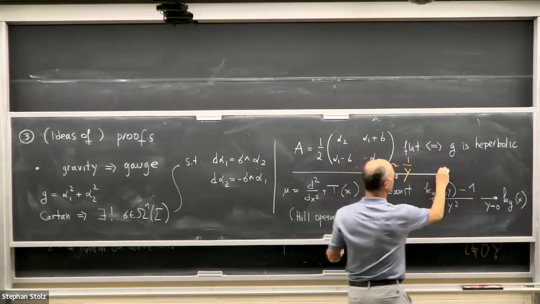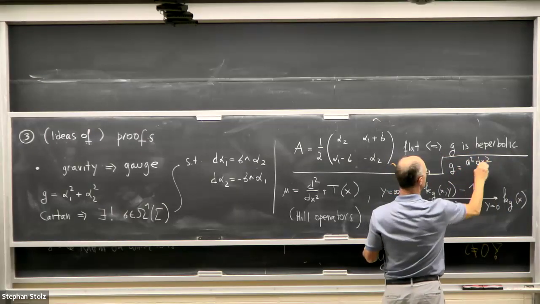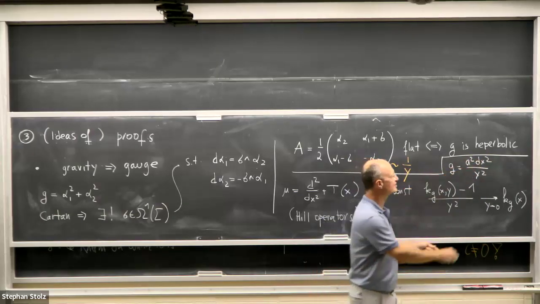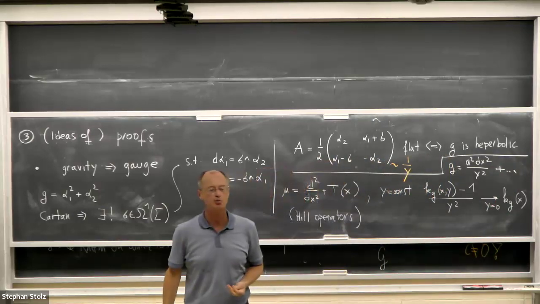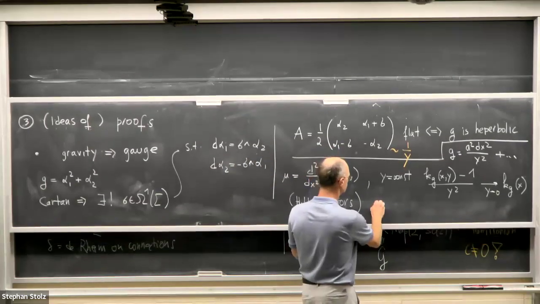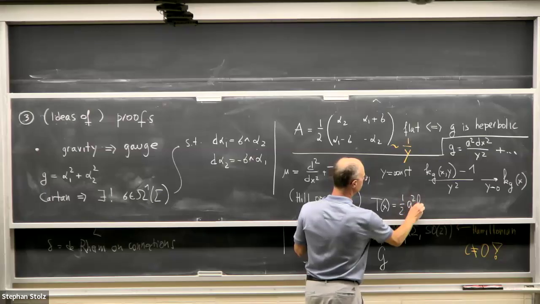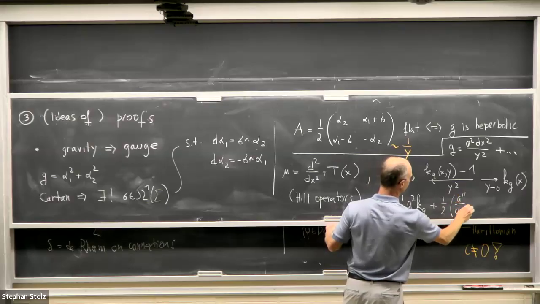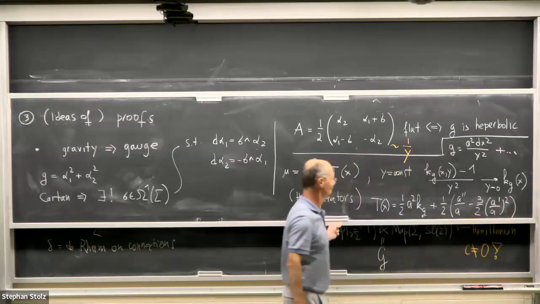Now, the hyperbolic metric we can write as something like a squared, which is a function of x, dx squared over y squared, plus other terms. So I'm now trying to Laurent expand it in y, in the boundary defining coordinate. Then T of x turns out to be 1/2 a squared k_g plus 1/2 a double prime over a minus 3/2 (a prime over a) squared.